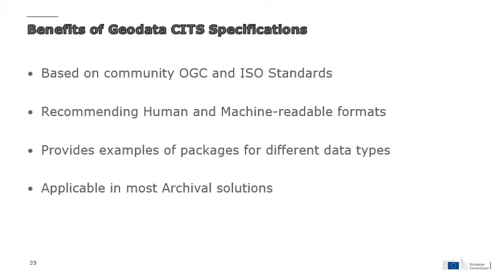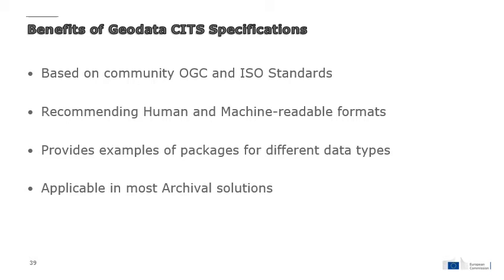We recommend long-term preservation formats like GML 3.2.1 and TIFF for rasters, and metadata in ISO 19115 or 19139, so that it can be used in the future by human or machine users. That's why they need to be in machine-readable formats as well.